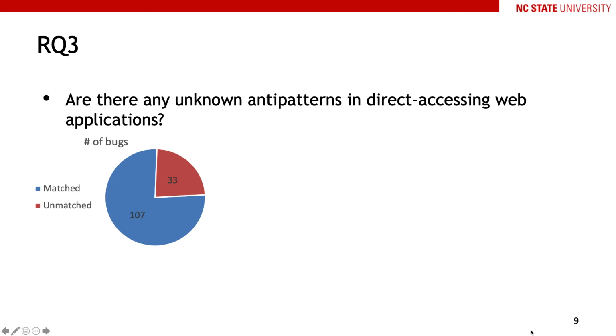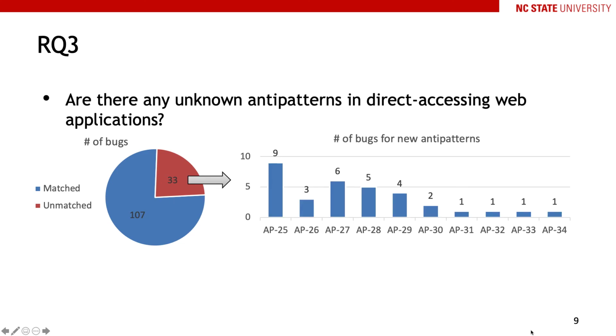From the 33 bugs that cannot be matched with any anti-patterns found in the publications, we further derive 10 new database access performance anti-patterns. For each anti-pattern, we summarize its root cause and fix strategy. Although the numbers of bugs in some anti-patterns are small, we believe that these anti-patterns are general to all direct accessing web applications.